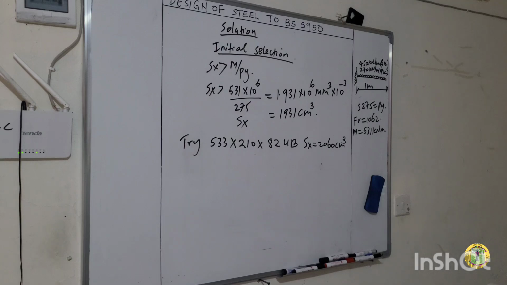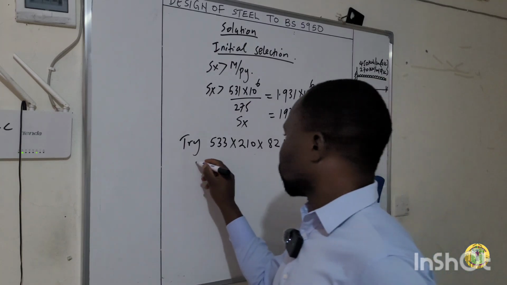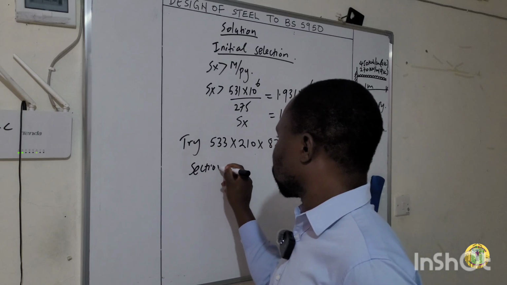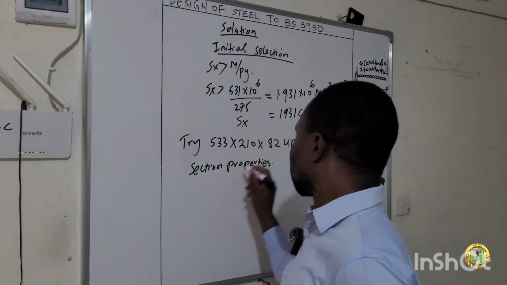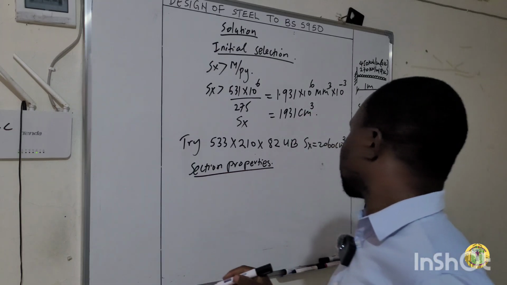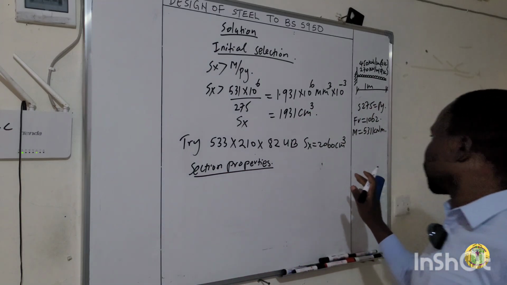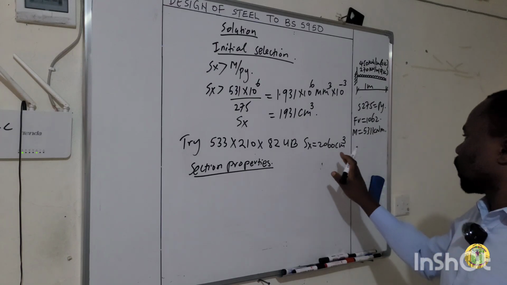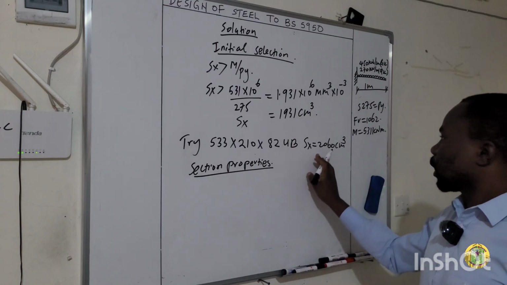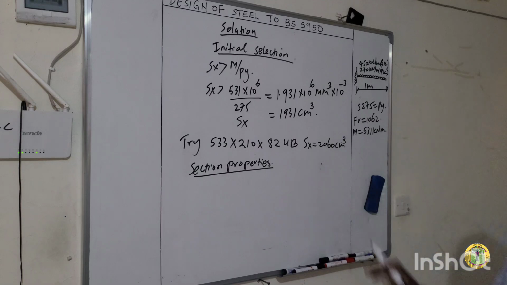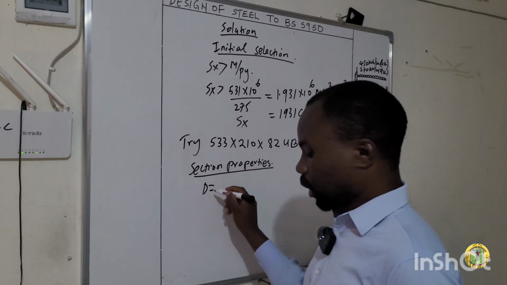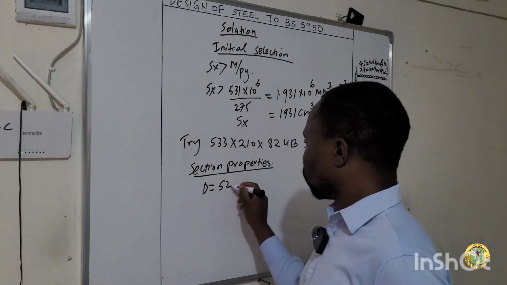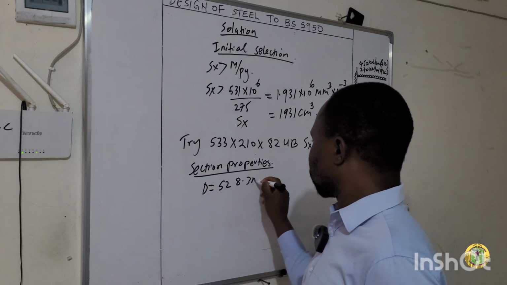And then we will come to section properties. Again, this is from the table. You have seen it, section properties. You just pick the section properties in line with the plastic modulus, which is 2060. So D is equal to 528.3 millimeter.